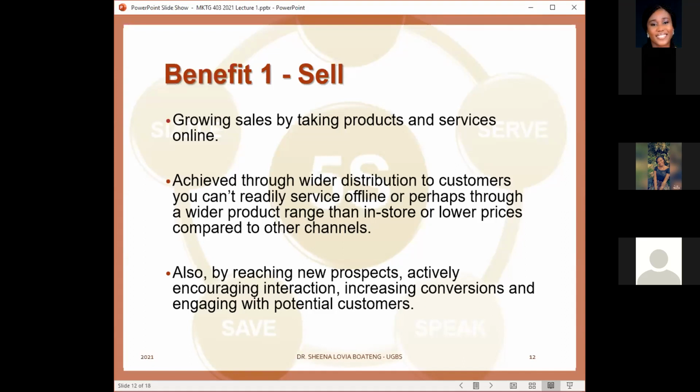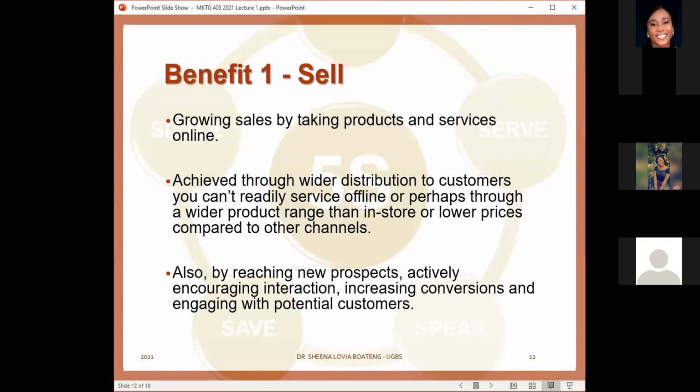But because of the ubiquitous characteristic of the internet, it is available anywhere and everywhere. And because it has global reach, you are not constrained by geographical boundaries. You have the ability to access customers who are outside of your geographical location and target them when you are selling your products and services, in addition to those customers that you can find within your immediate geographic location.